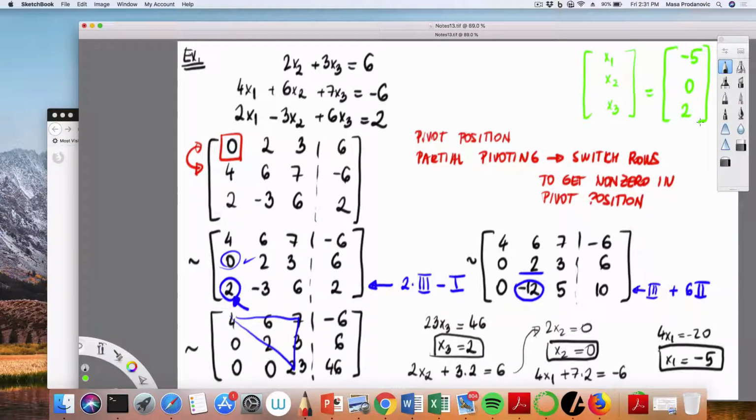Let's do the third one. 2 times minus 5 is minus 10 plus 0. Okay. Let's go with these ones. All right. It works. So this is so-called partial pivoting.